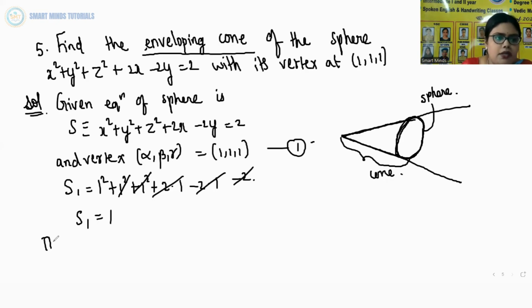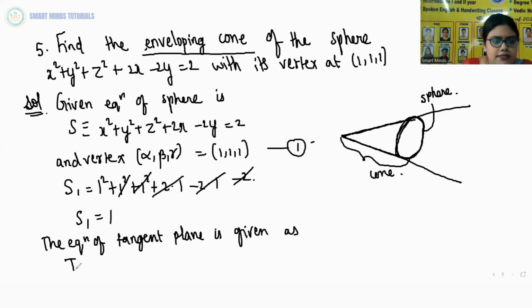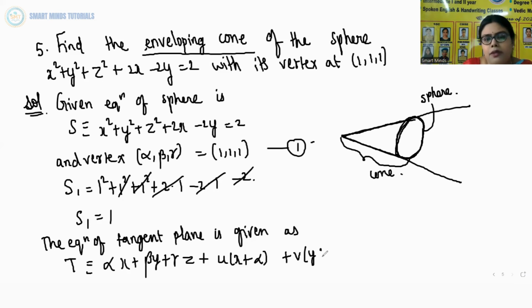Now let us write what is the equation of tangent plane. The equation of tangent plane is given as T is equal to alpha x plus beta y plus gamma z plus u into x plus alpha plus v into y plus beta plus w into z plus gamma plus d is equal to 0.